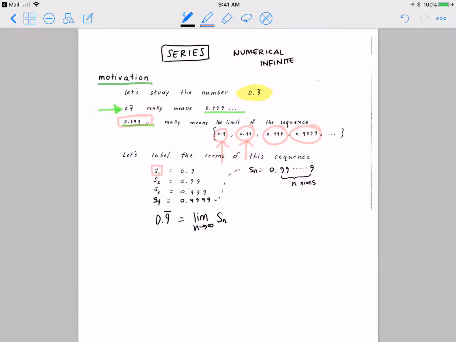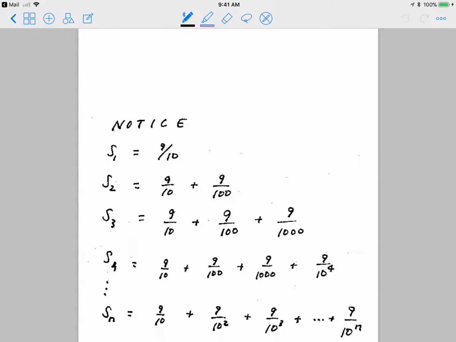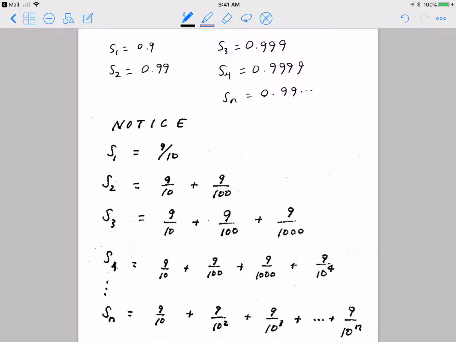So here's the thing. Let's rewrite this again. What do we have here? Remember, S1 is 0.9, S2 was 0.99, S3 was 0.999, S4 was 0.9999, right? And then we said Sn was 0.99...9, and you have a total of n nines.